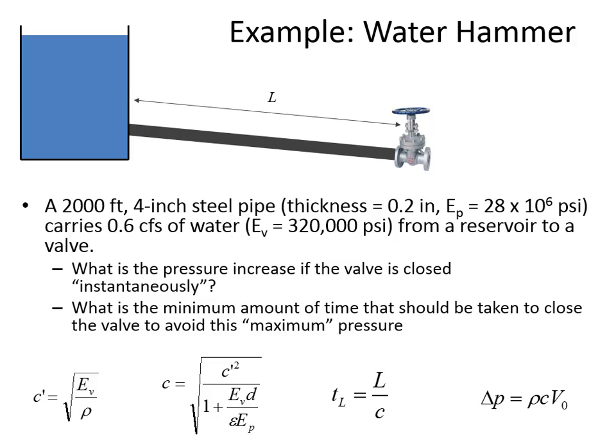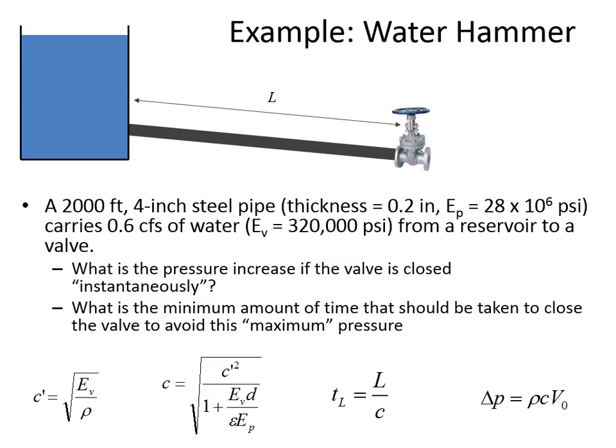So the density of water is 1.94 slugs per cubic foot. The celerity is 4397 feet per second. And the initial velocity that we'd already calculated is 6.875 feet per second.